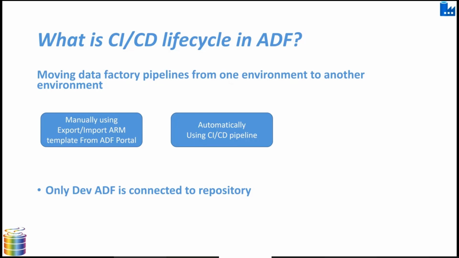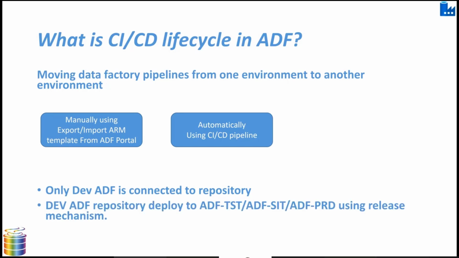Once your code is ready and published and it generates ARM templates, your build pipeline will generate build artifacts, and then you can deploy your code from dev Azure Data Factory to a different data factory using the release mechanism. For example, you can move your dev data factory into staging or SIT or testing or pre-prod or prod environments. This way you can deploy your Azure Data Factory.